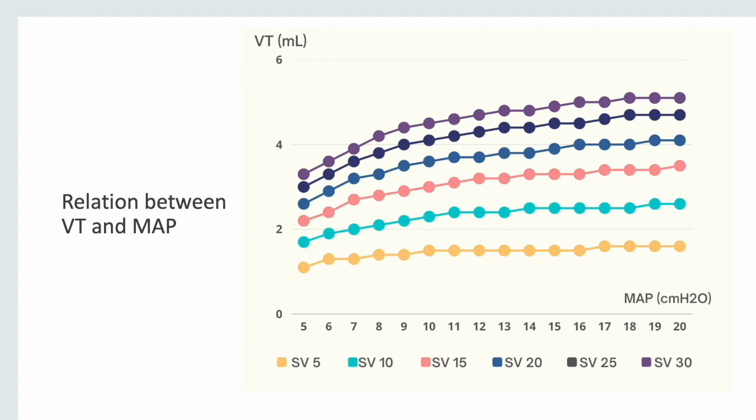I believe that understanding the relationship between the two will help us to better understand what we are going to talk about, so please bear with me even though you may think I am repeating the same thing over and over again. This graph shows that the tidal volume changes as the MAP is increased, and that the larger the stroke volume, the larger the tidal volume. In other words, increasing MAP increases compliance, which means that the ventilation rate is greater even when the same pressure is supplied.